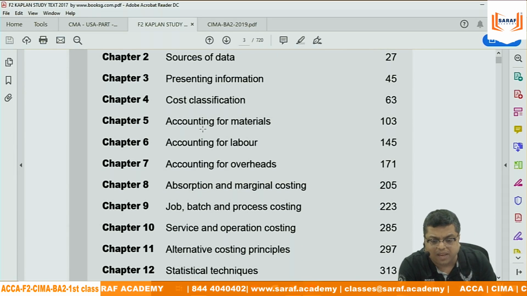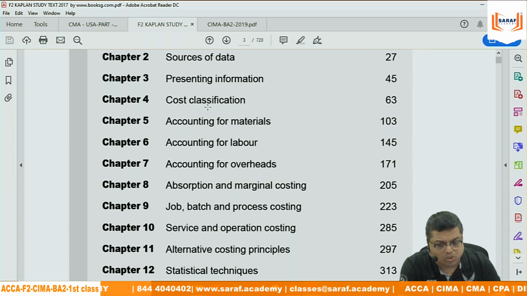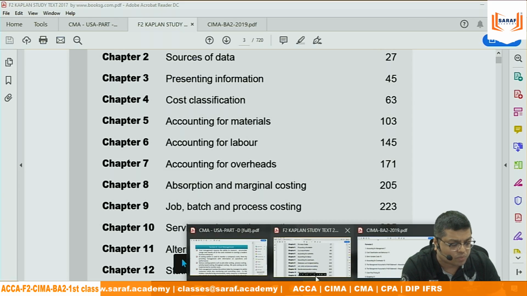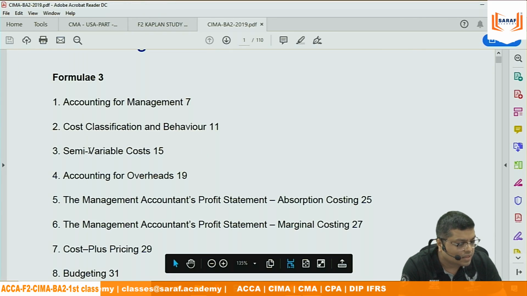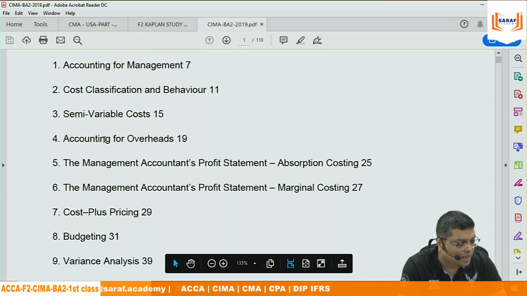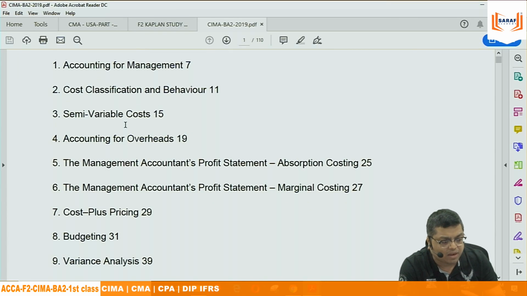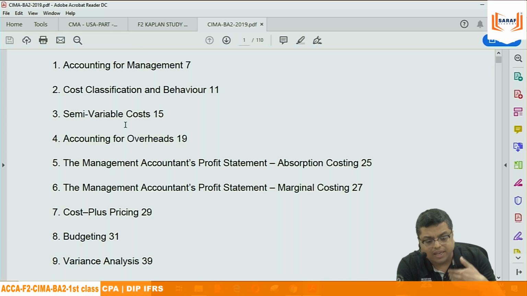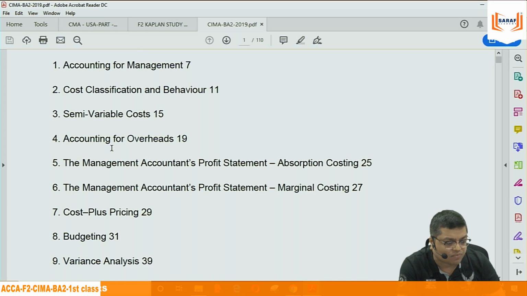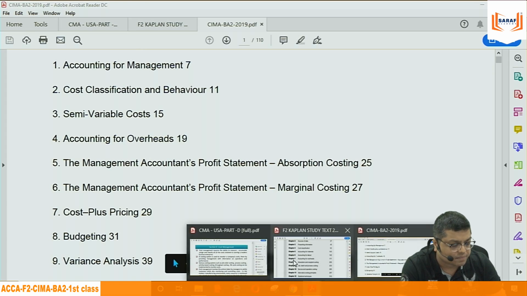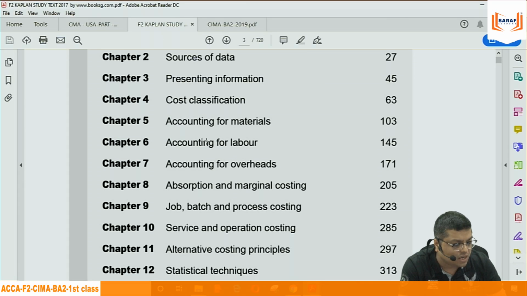They have not written behavior in ACCA, but in the ACCA books also, in cost classification, they have covered behavioral cost. Then semi-variable cost: behavior means semi-variable, which they have given as a separate topic. In ACCA, it is included in cost classification only. Then overheads: in ACCA also we have accounting for overheads.